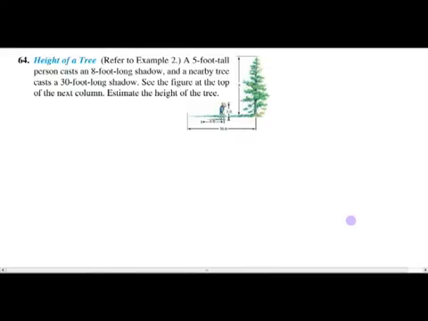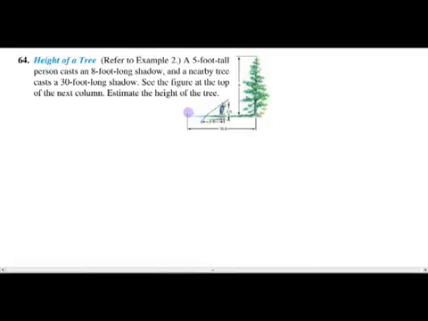With this problem, we have the height of a tree that we're trying to estimate. We have a 5-foot tall person standing by the tree, and the sun is shining this way and casts an 8-foot long shadow. This tree here is casting a 30-foot long shadow. So we can set up a proportion like we did earlier in the lecture. You can see here we have triangles.